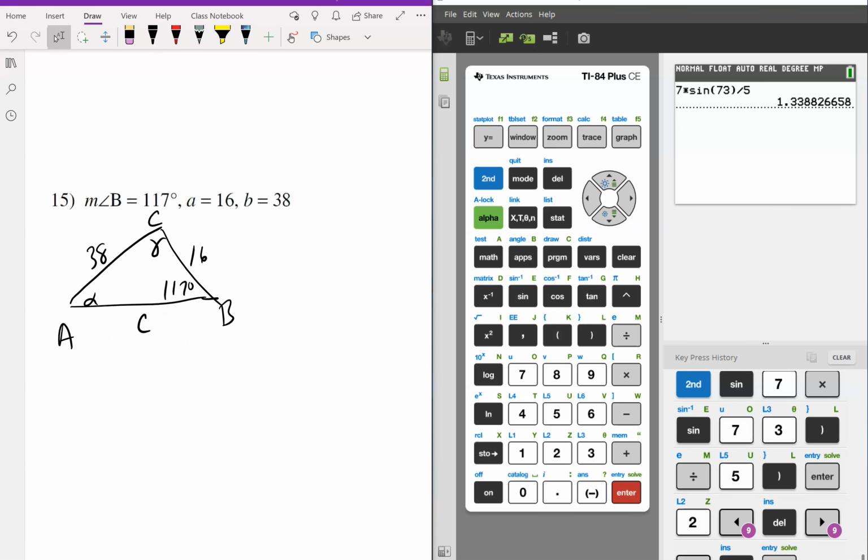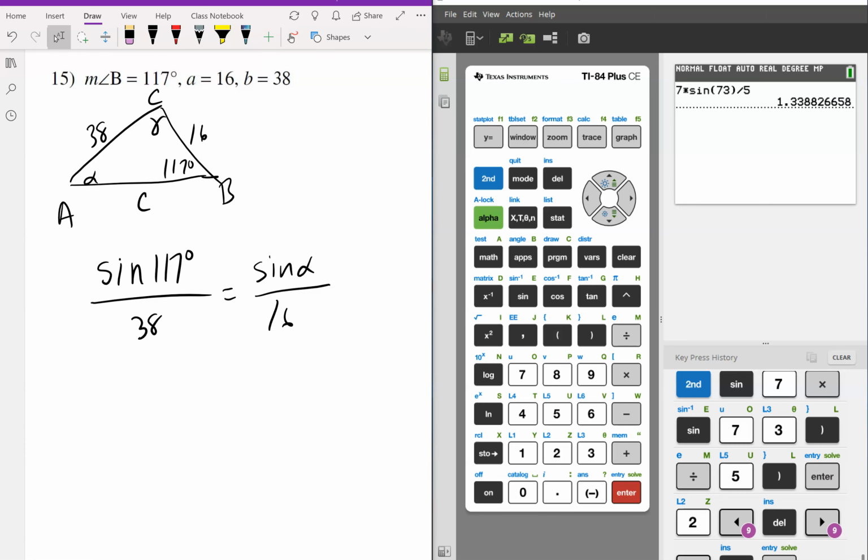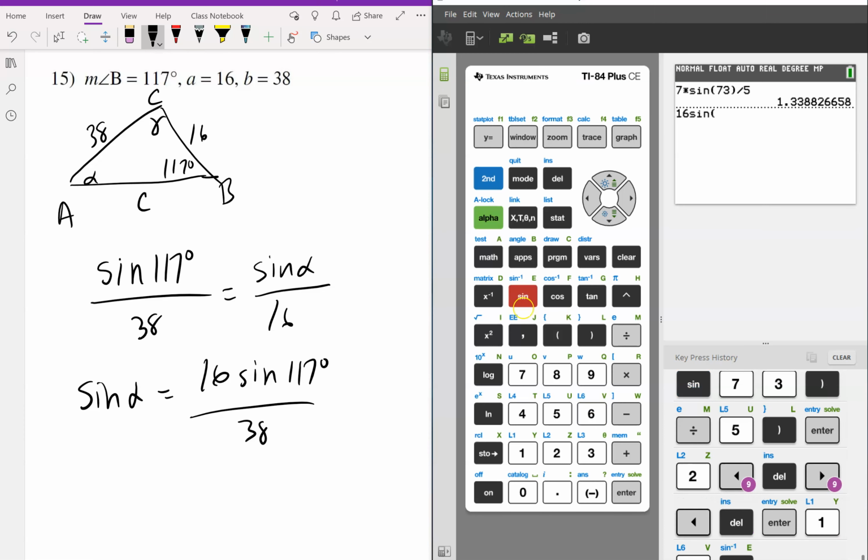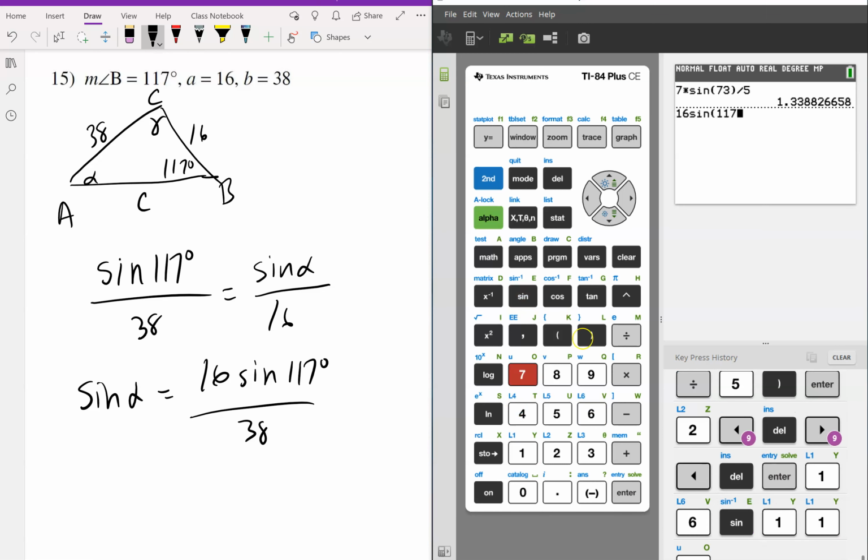So from this relationship, we see that the sine of beta, which is 117 over 38, has to be the same as the sine of alpha, which I don't know, over 16. Alpha is 16 sine of 117 over 38. I'm going to go ahead and type this in to see if I get the same issue that we had in the last one.